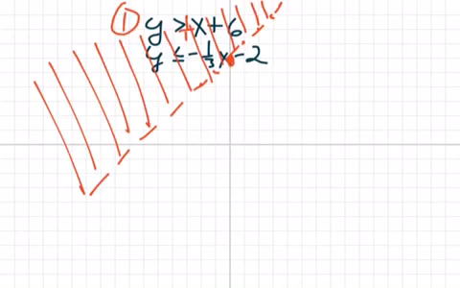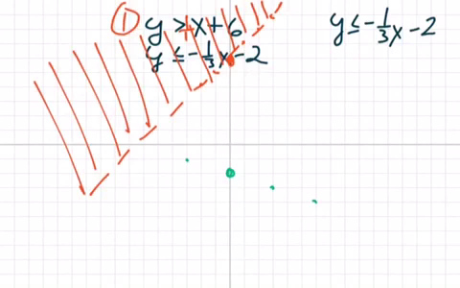The second line is y is less than or equal to negative 1/3 x minus 2, so I'm just rewriting it so we can see it more clearly. I'm going to start down 2, then the slope is down 1, right 3, down 1, right 3, up 1, left 3, and that's a solid line because it's equal to.